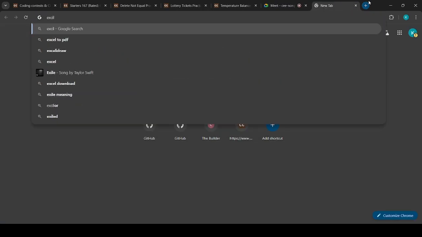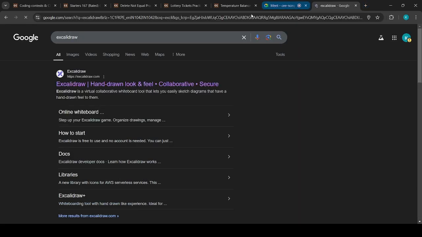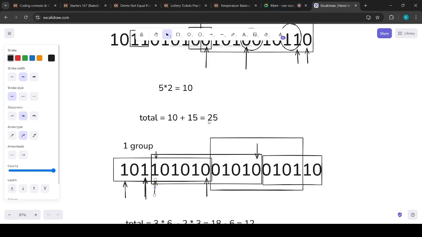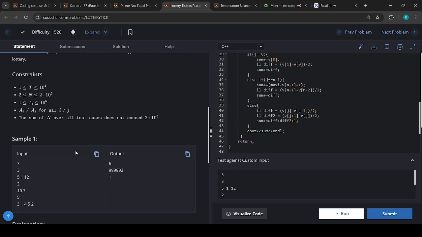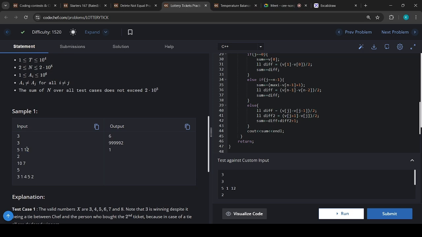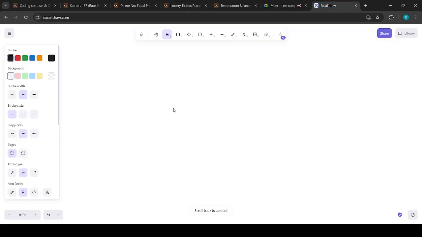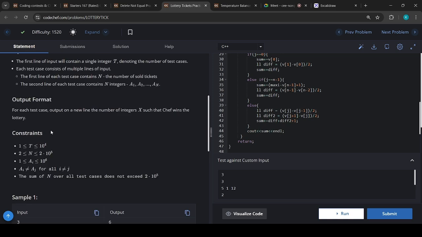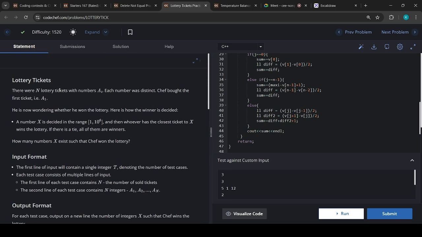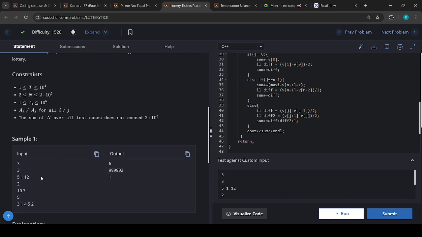So the question is saying that we are given an array of numbers, in which there are tickets with a number on each ticket.